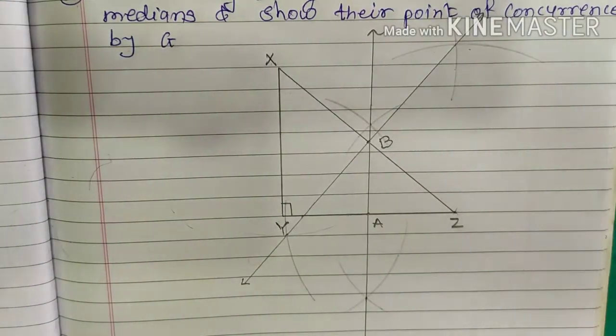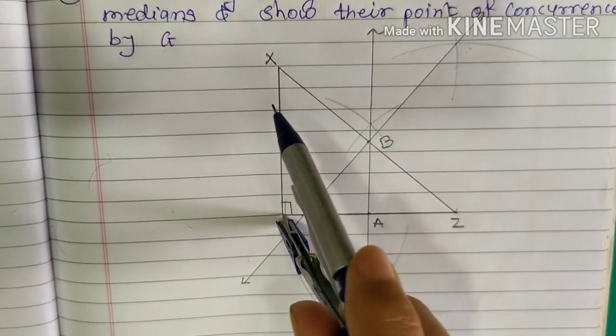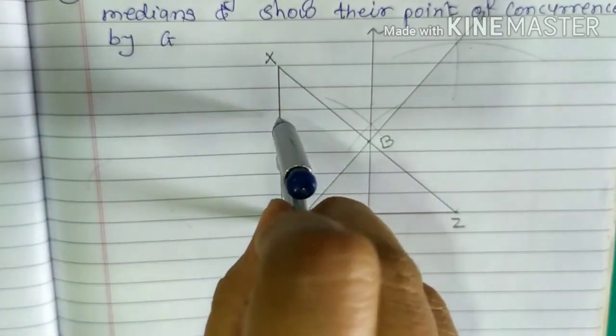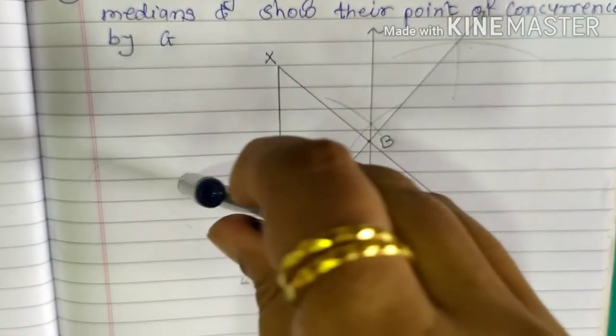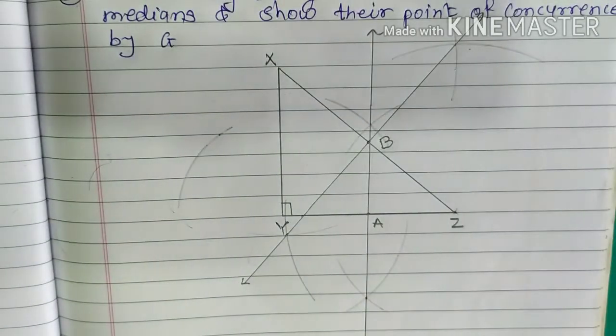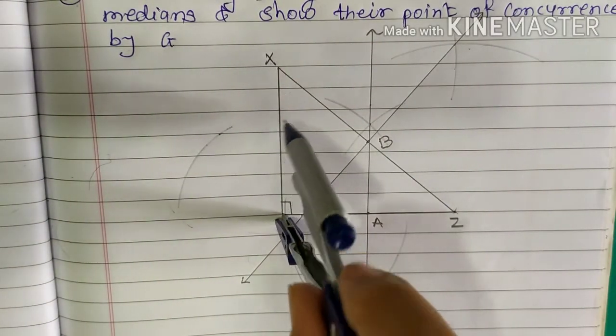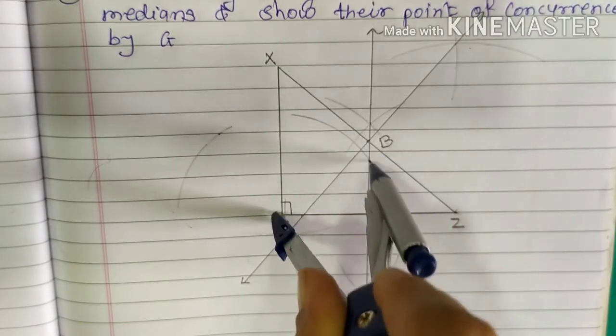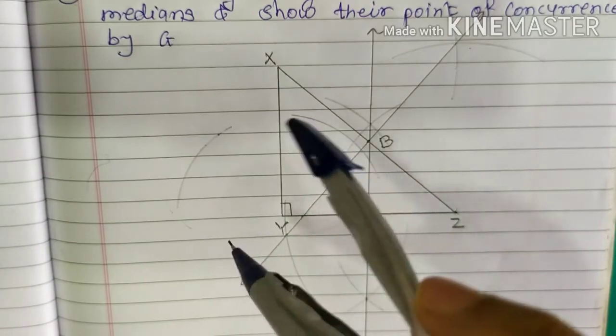Then again bisect the segment XY. Take more than half distance in your compass and then make curves to both sides of the segment.